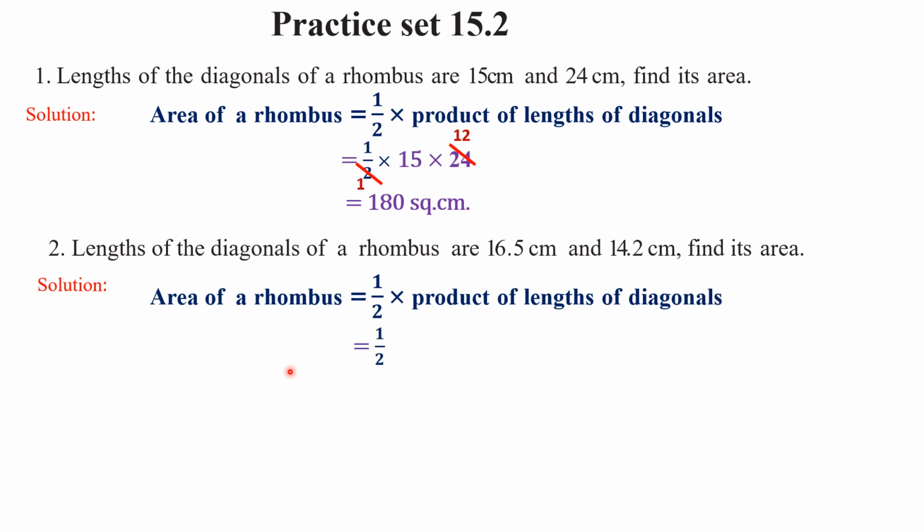Equal to 1 upon 2 into 16.5 into 14.2. 2 ones are 2, 2 sevens are 14, decimal point as it is, so 7.1. Now multiply 16.5 into 7.1. We get the answer, that is 117.15 square centimeter.